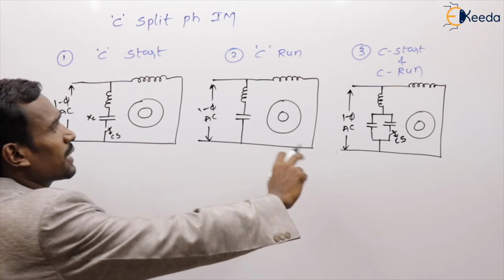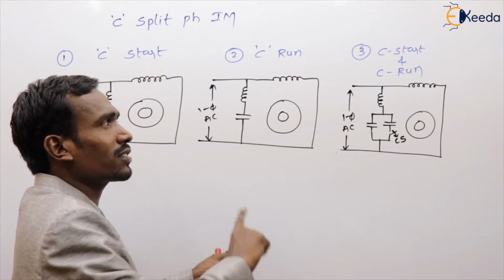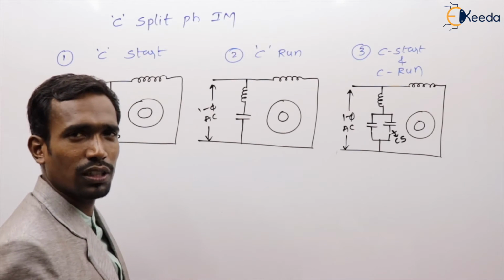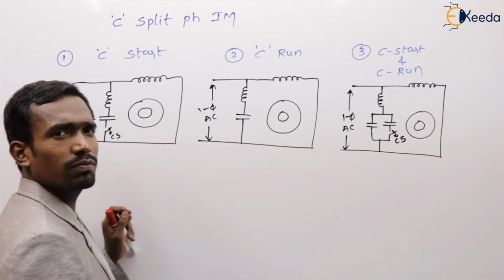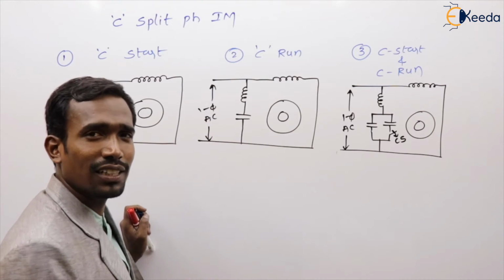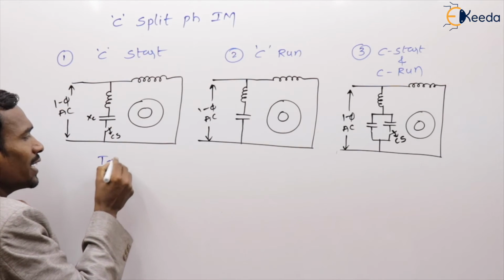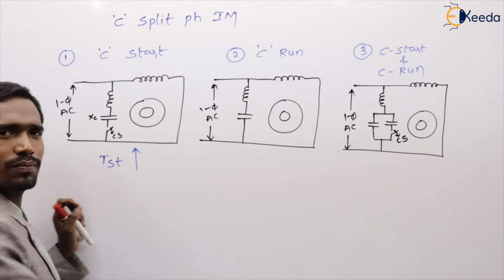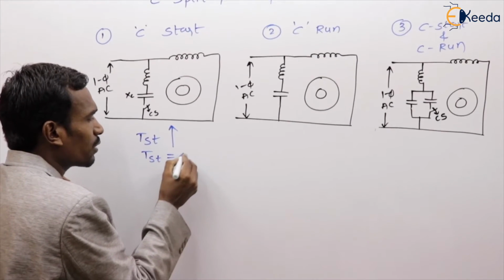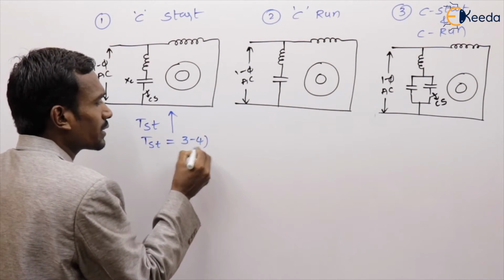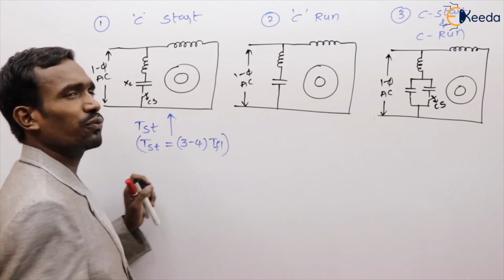These are the three types: capacitor start, capacitor run, capacitor start and capacitor run induction motors. Out of these three, which has the highest starting torque? This one has the highest starting torque. In this machine, the starting torque is 3 to 4 times the full load torque.